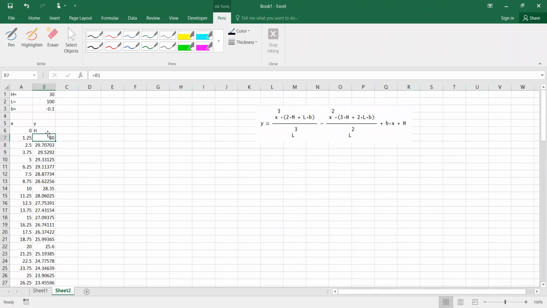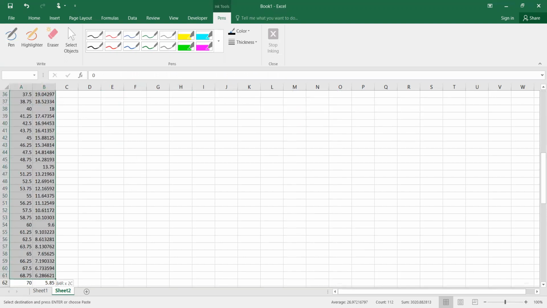So the form now, this is 30. Do the same thing here, it should be here. Okay, the form is ready now. We can ask to draw it.